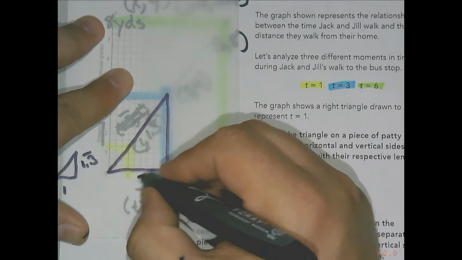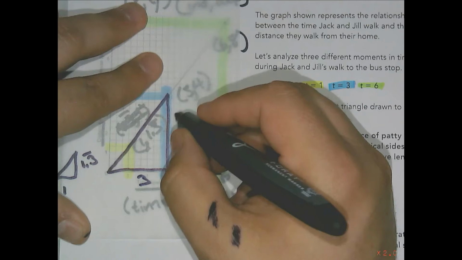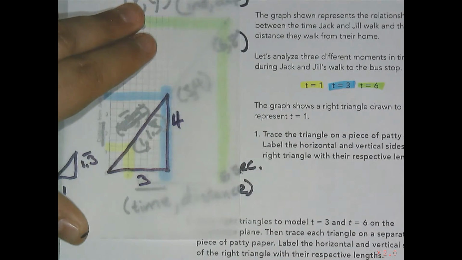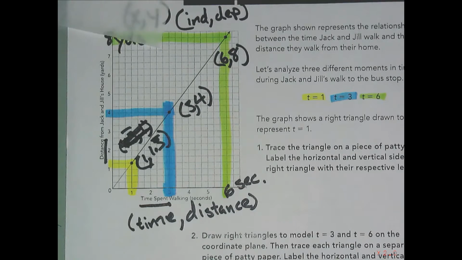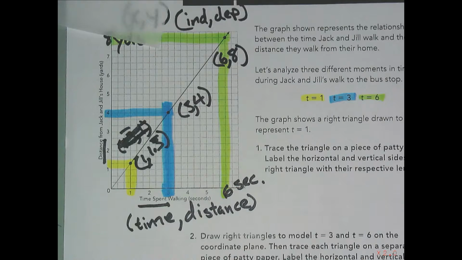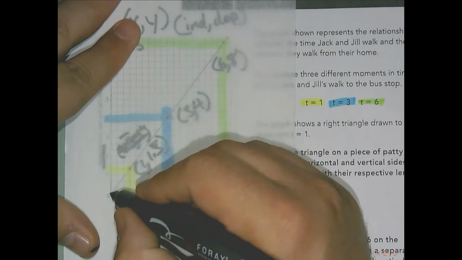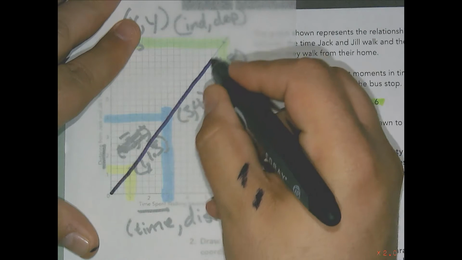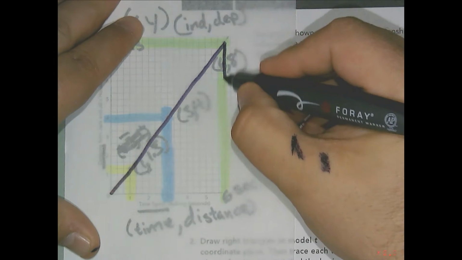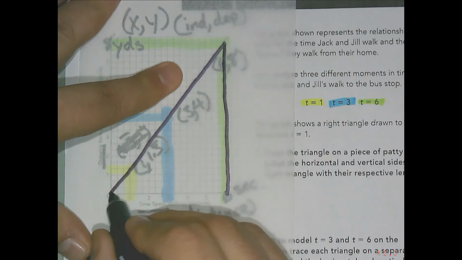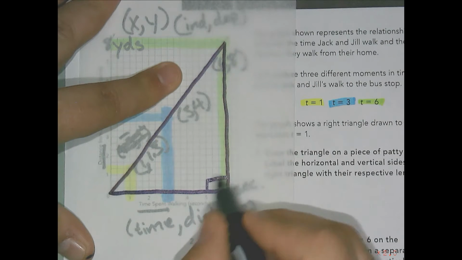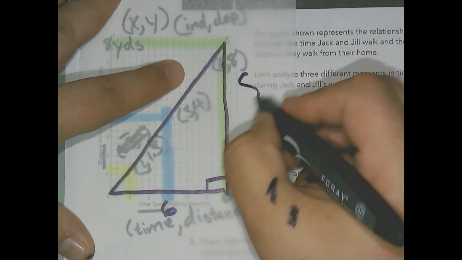And that is going to be 3 compared to 4. And then the last one is 6 seconds. So I'm going to just draw this. And this is 6 and this is 8.